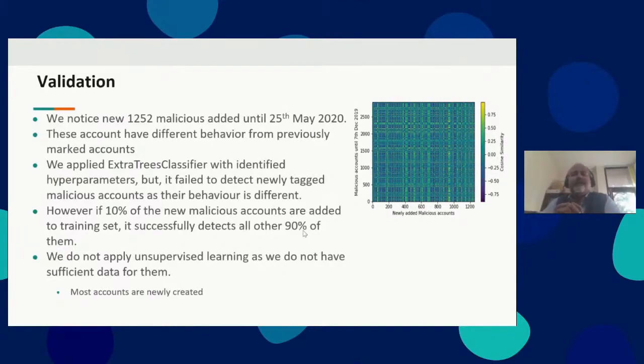That itself throws a challenge, because now our model has to be retrained all the time as more and more malicious accounts get flagged. So that basically is the lesson from this additional data that we got until May 2022.